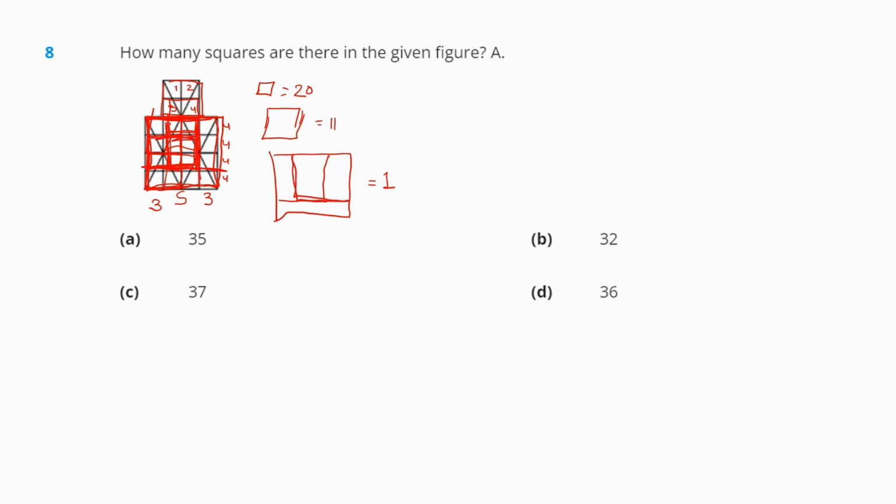The third square is this. And the fourth square is this. So it is plus 4. Total number of squares that we have is 20 plus 11 plus 1 plus 4. The total number is 36. So answer D is the correct answer. Moving on to the next question.